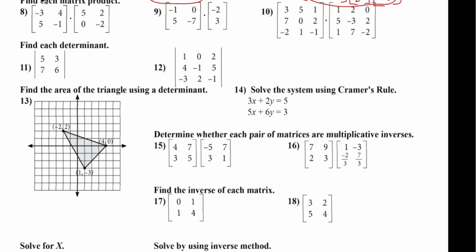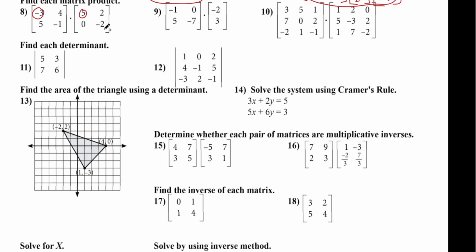Number 8? All right, let me just double check. Yeah. So here's what we're going to do. This is how you do matrix multiplication. It's a little different. I wish I had more room here. I'll just try to squeeze it in.